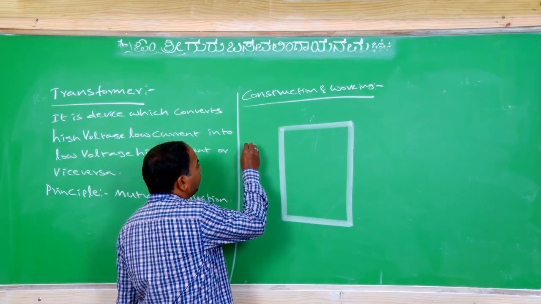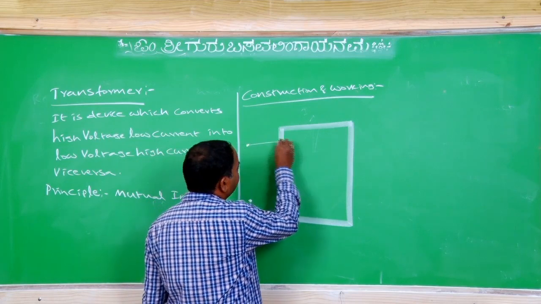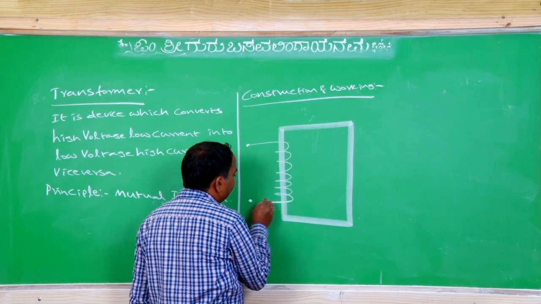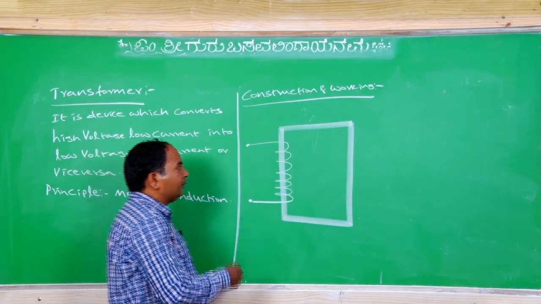On this rectangular frame, I am considering these two terminals. From these terminals, one copper wire is wound like this.